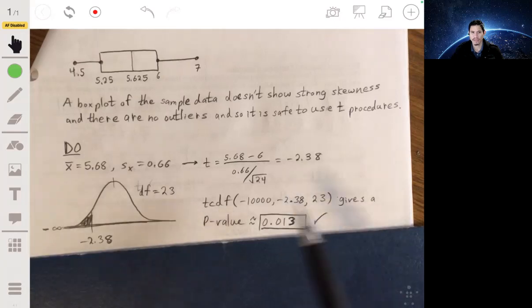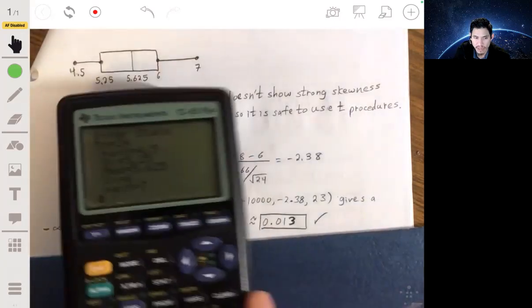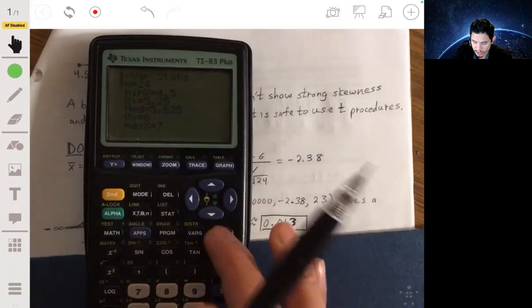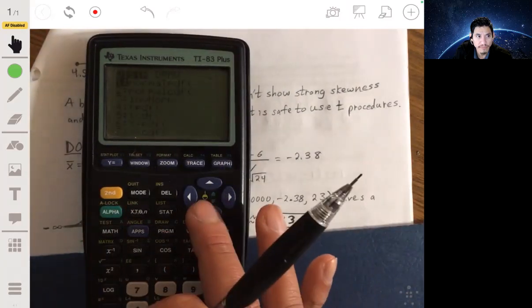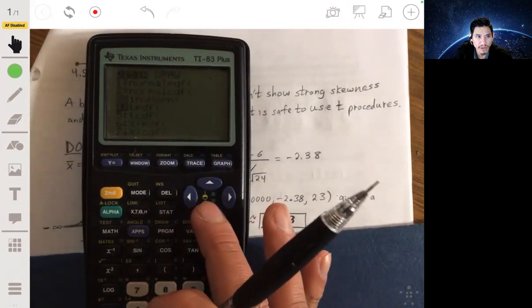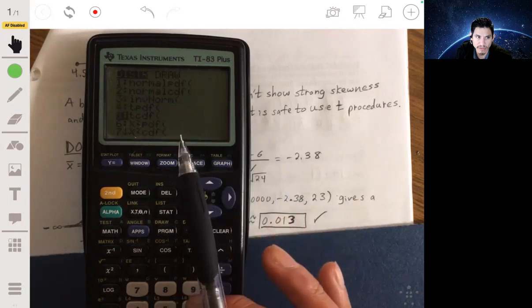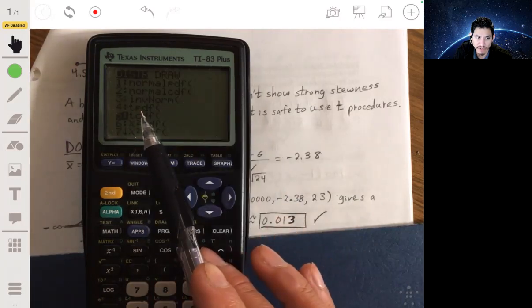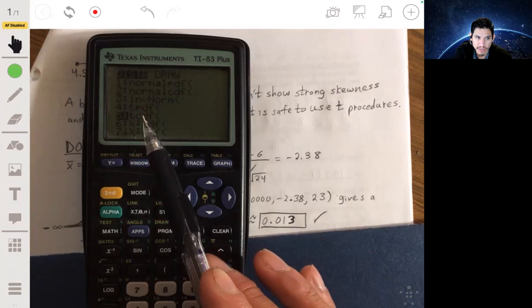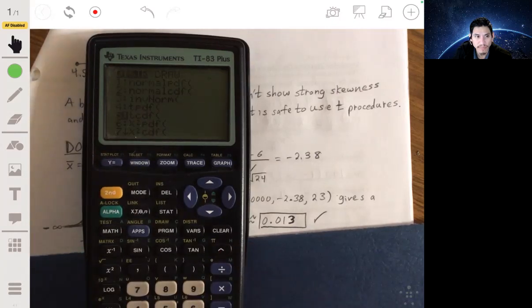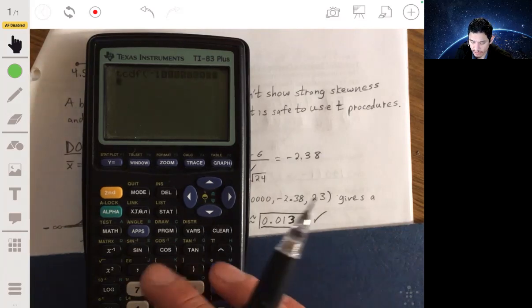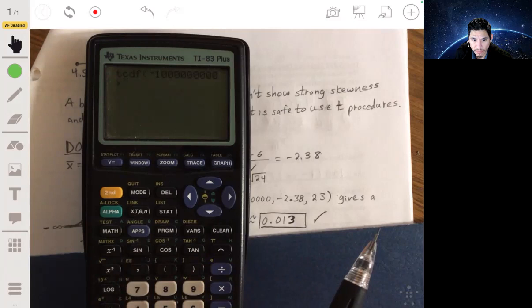And I like to use technology. So you can go to distribution in your calculator, and right below the normal CDFs that we were using, we have TCDF and TPDF. So we're going to use TCDF, and the syntax in this calculator is the left bound. So I'm going to enter like negative a billion or something. The right bound will be negative 2.38.